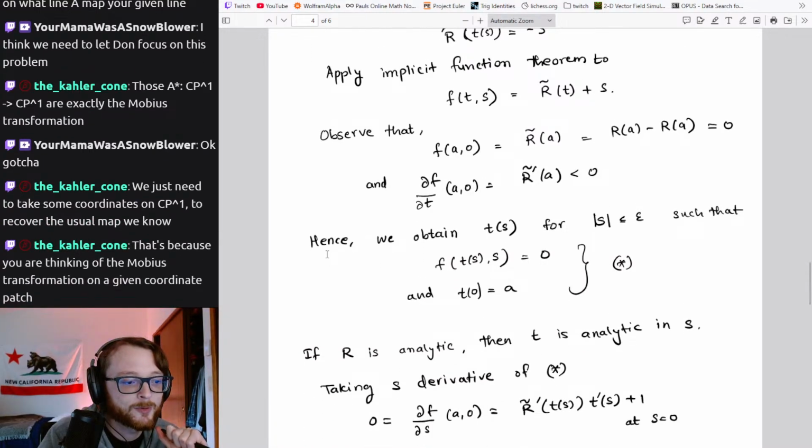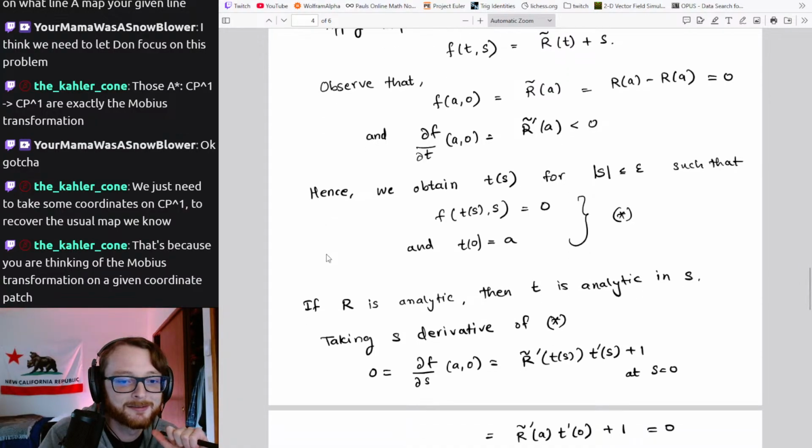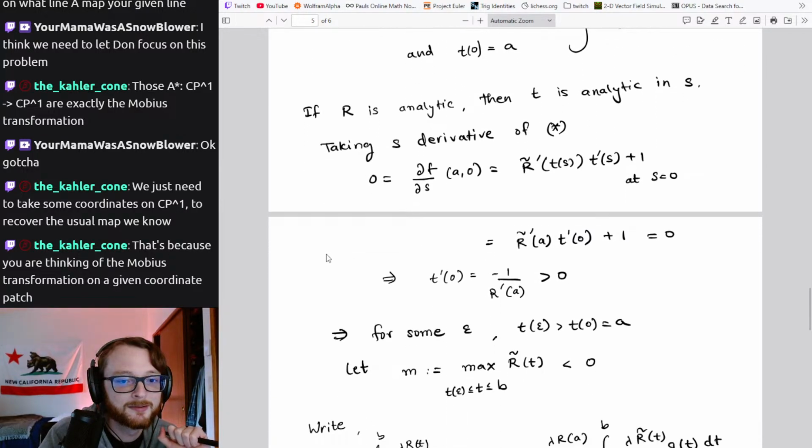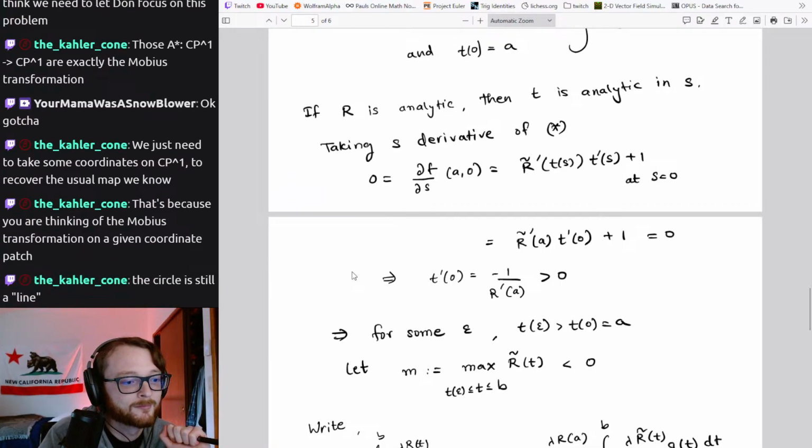So you're thinking of the Mobius transformation on a given coordinate patch. Yeah. The circle is still... Oh, it's one of those things?